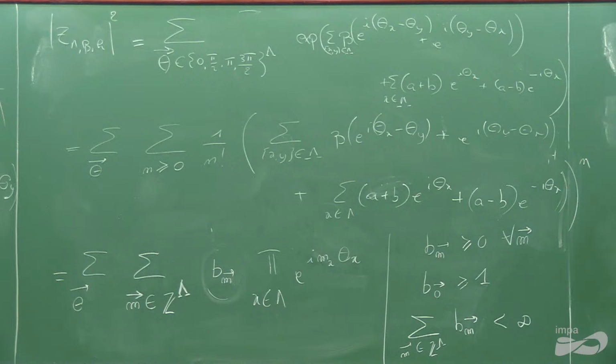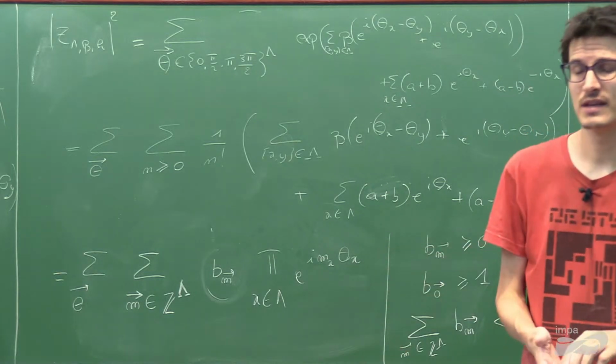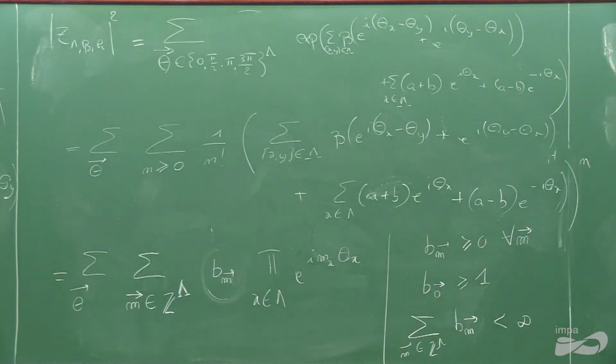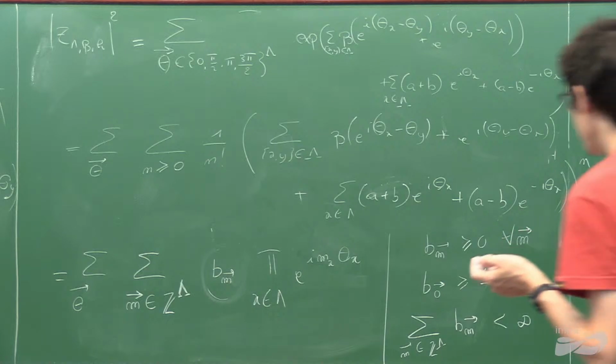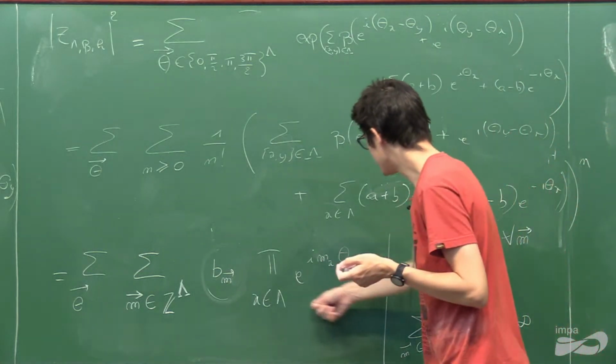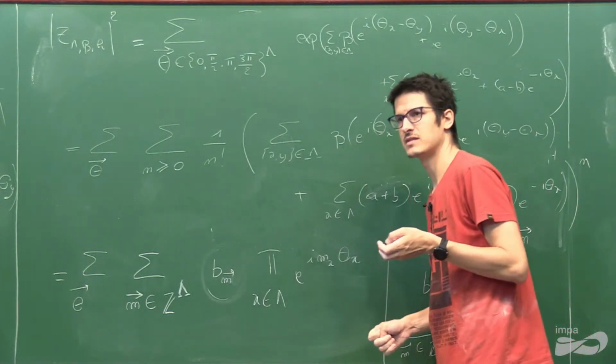Now, when you've written that, it's not a very good decomposition, because 4 times θ_x is a multiple of 2π, and therefore the value of this only depends on m_x modulo 4.